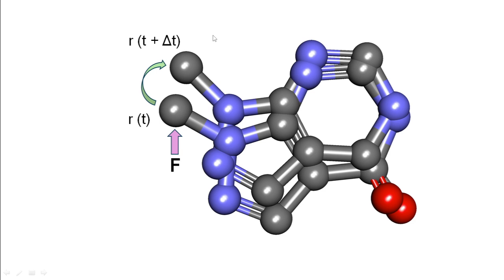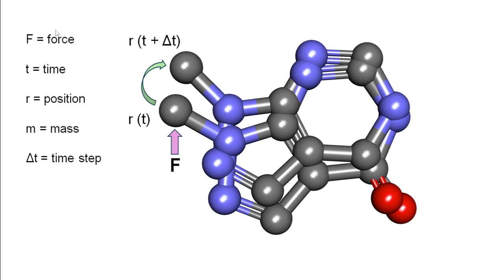Now we know the amount of force. We can calculate this force from the potential energy. That means through the force field we can calculate the force. We know the time, that means it's 1 nanosecond. r is the position or coordinates of this atom, and we also know the mass of the carbon atom. And this is the delta t time step.